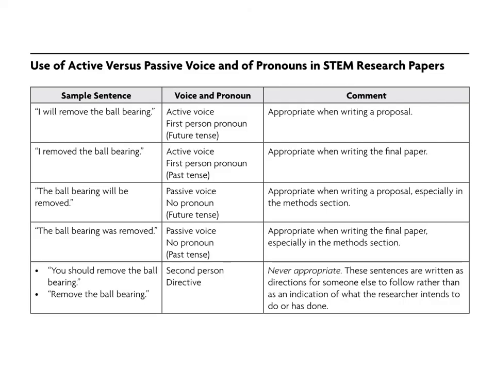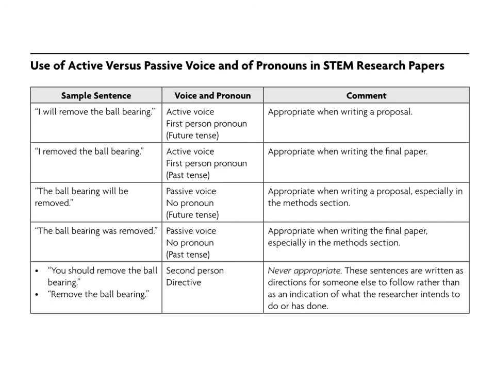Here are some examples of active versus passive of the pronouns in STEM research. So, I will remove the ball bearing. That's active voice, right? I removed the ball bearing. That's active voice, but it's the past tense. I will remove it is in the future. The ball bearing will be removed. That's the passive, no pronoun, future tense. For your grant proposal, you're going to be saying the ball bearing will be removed.